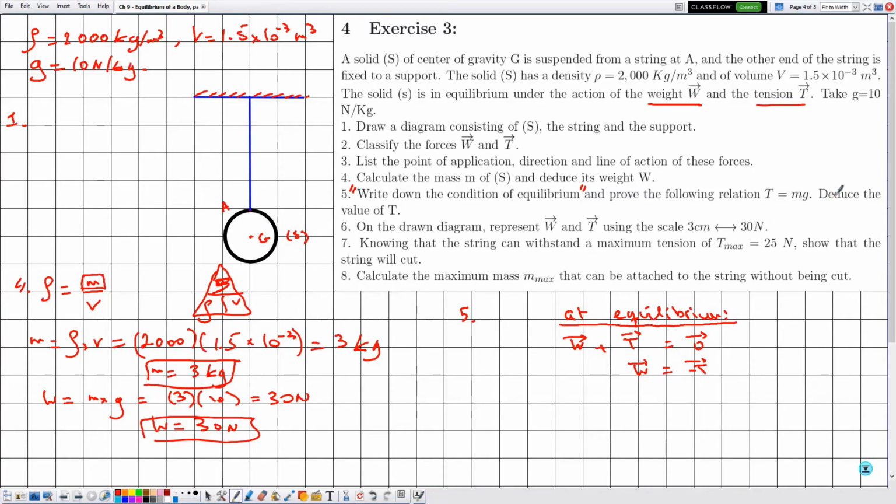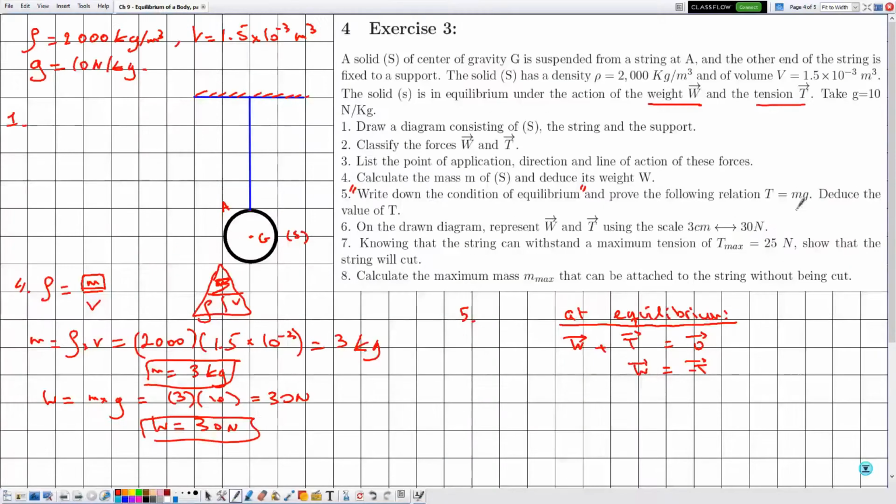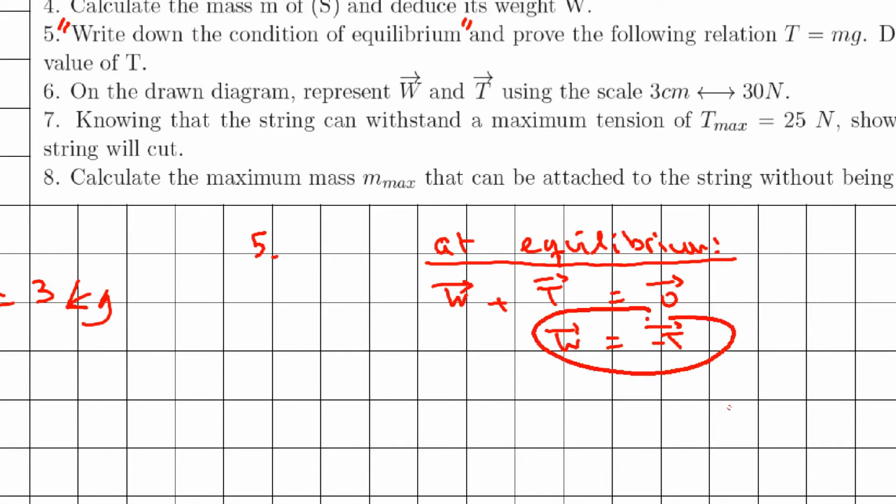And they are telling me to prove the following relation, that t is equal to m times g. In other words, we need to prove that t is equal to w. And here we don't have vectors, which means that we are concerned about the magnitudes. This is done by taking only the magnitude of this relation.